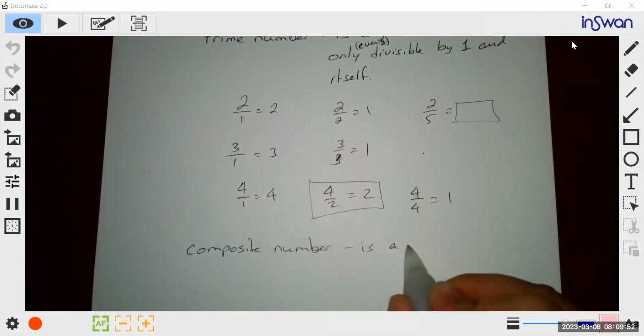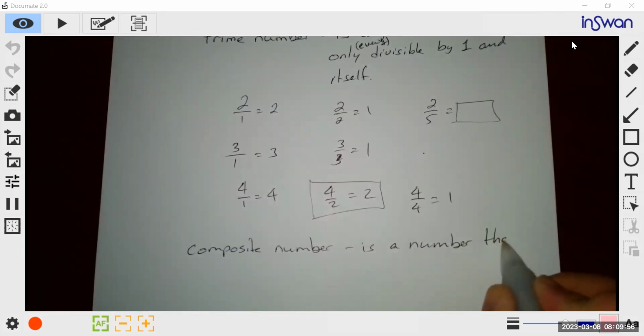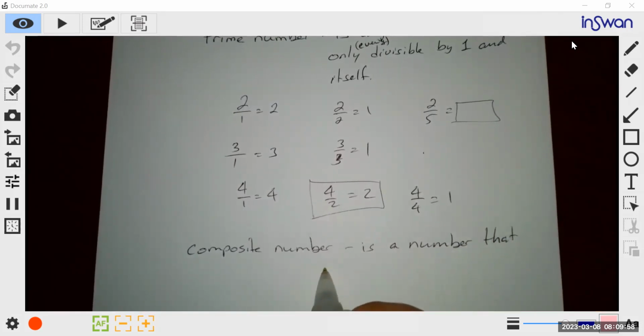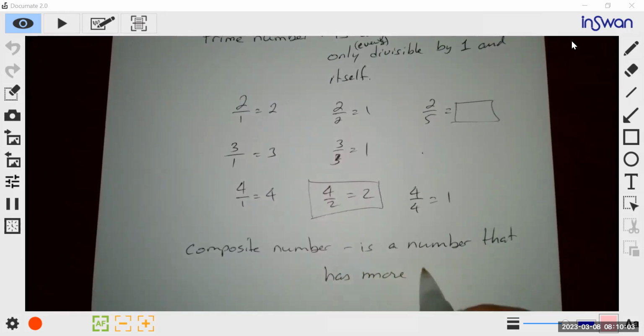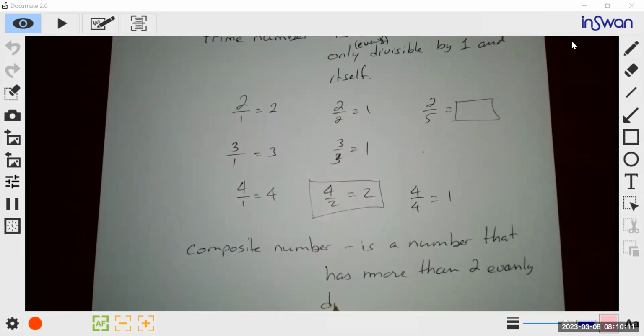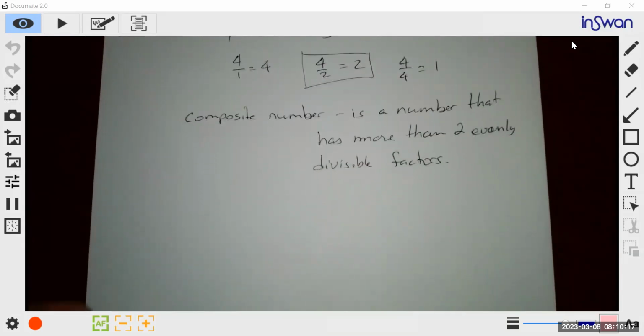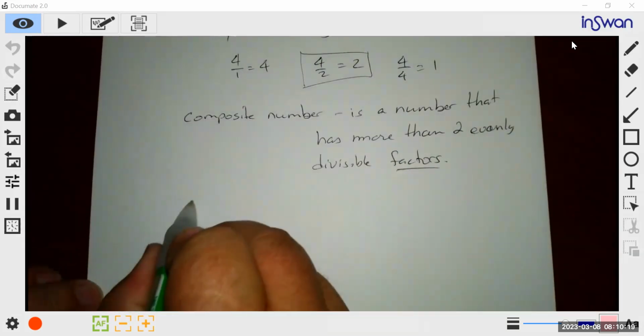A composite number is a number that has more than 2 evenly divisible factors. Remember what factors are.